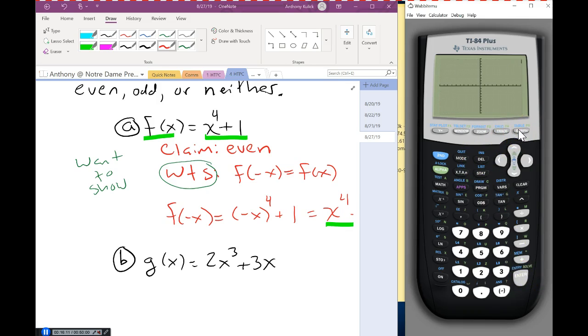If I hit graph, there's my graph. What does this look like to you guys? Odd. Good. So I will claim that this is odd.